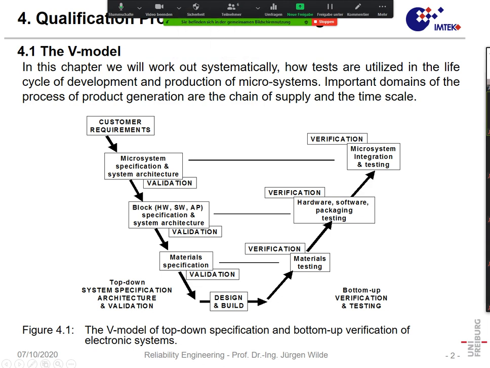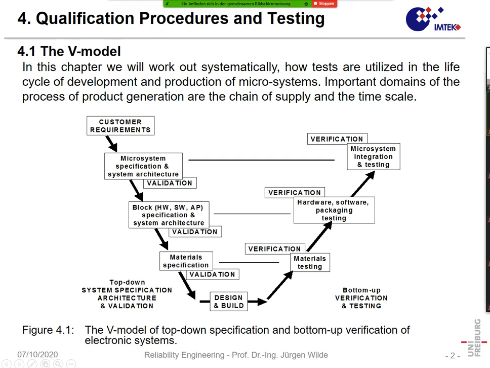Here in the previous branch, we have more a concept than a design. So here we design it and we build it bottom up. So we get the material, we do materials testing. That's, for instance, also very important when we produce implants. The materials must be biocompatible, for instance.